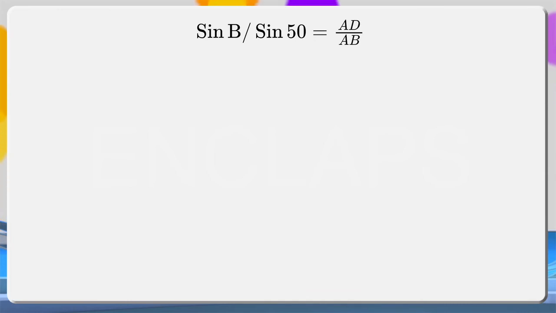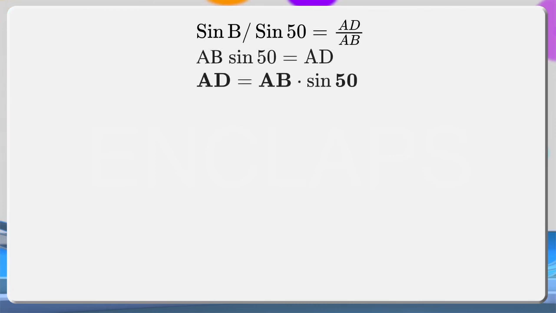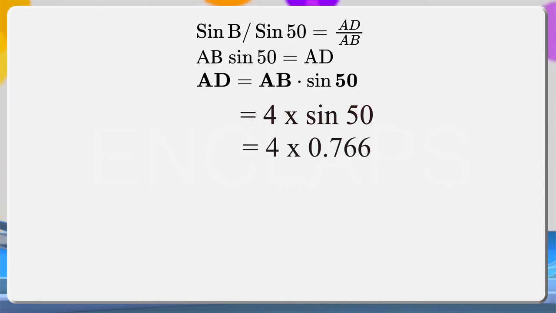So move AB to the left hand side. This equation will become AD equals AB into sin 50. That is AD equals 4 into sin 50. You can find the value of sin 50 by referring to the table. What is sin 50? Yes, sin 50 is 0.766. So AD equals 4 into 0.766, which equals 3.064 centimeters.